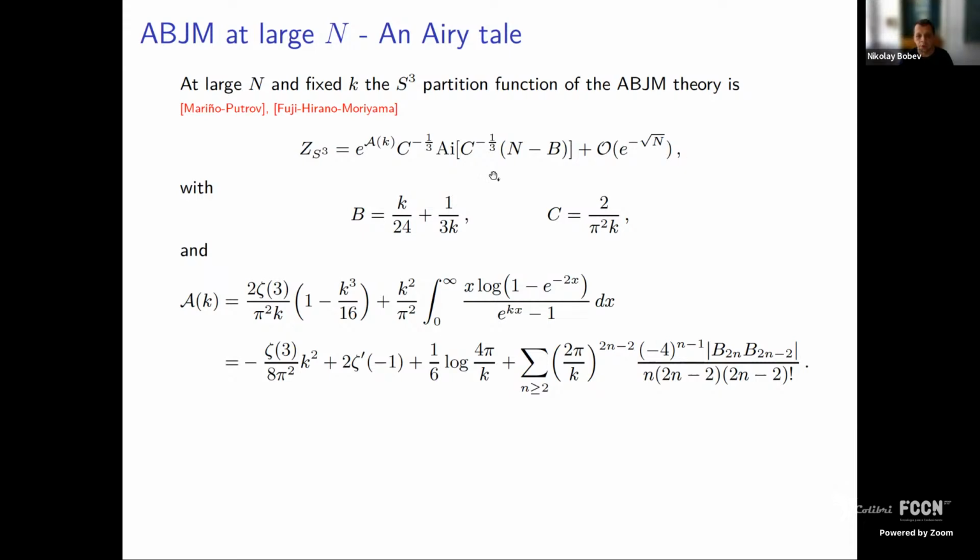The Airy function is a well-known function in mathematical physics. Here it appears with some strange arguments. B and C are some rational numbers that are related to the Chern-Simons level. You see that the argument of the Airy function is not n, it's some shifted version of n, and we'll see this appearing over and over again. This annoying prefactor is order 1 in the large n limit. It purely depends on k.